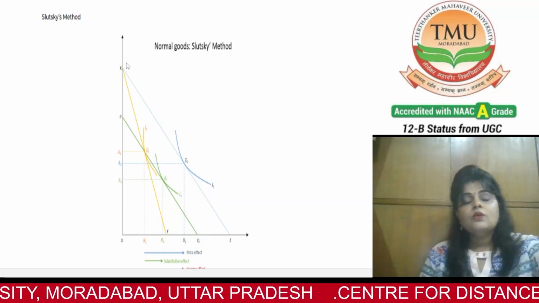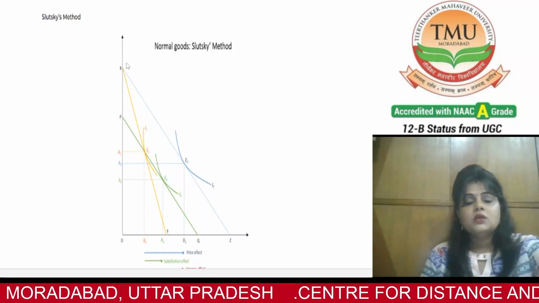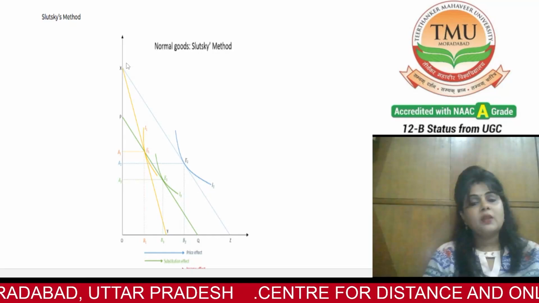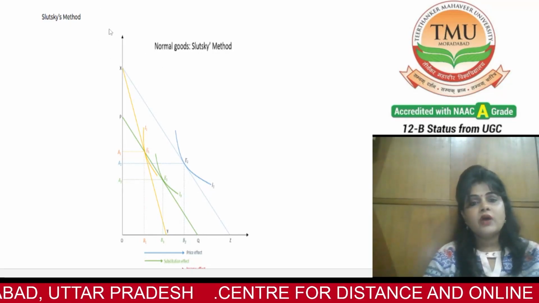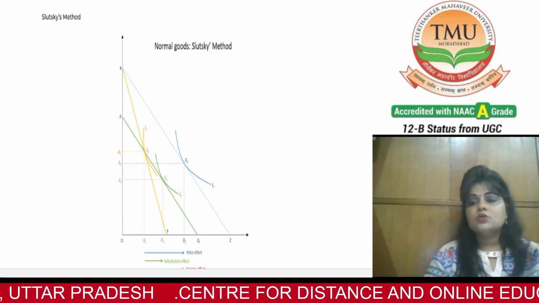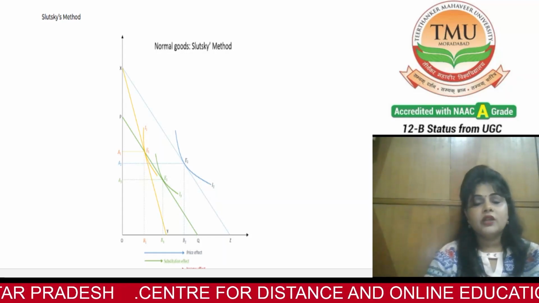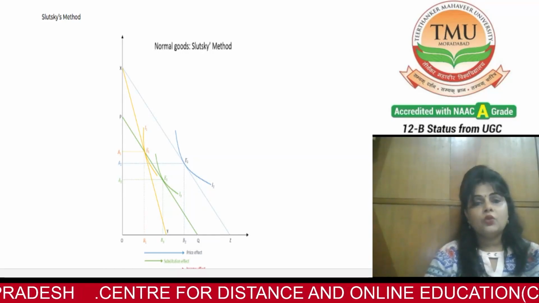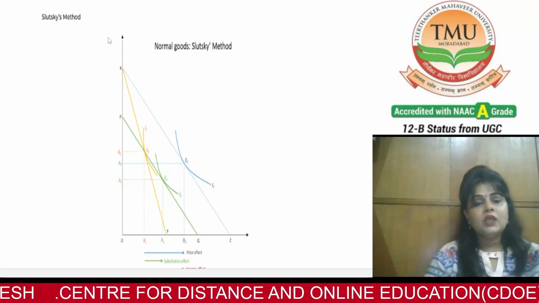So for the normal goods, you see that the income effect is eliminated by shifting the budget line XY to the left in such a way that a consumer returns to the same quantity demanded of the commodity as before the price change. The budget line is shifted to PQ, and it passes through the original equilibrium point E1.